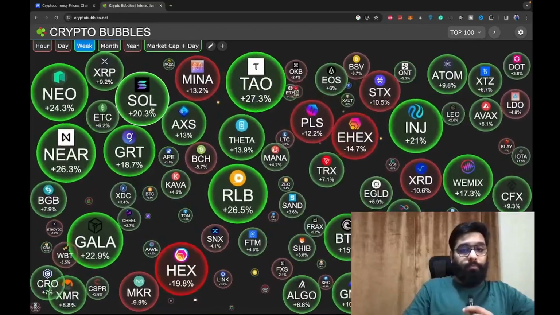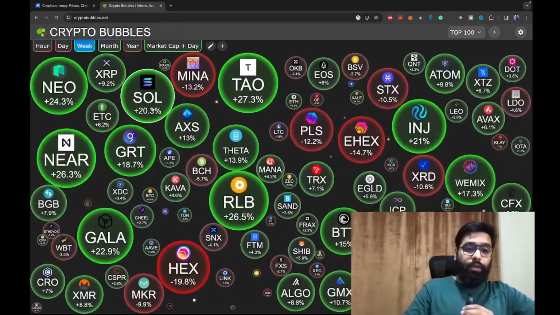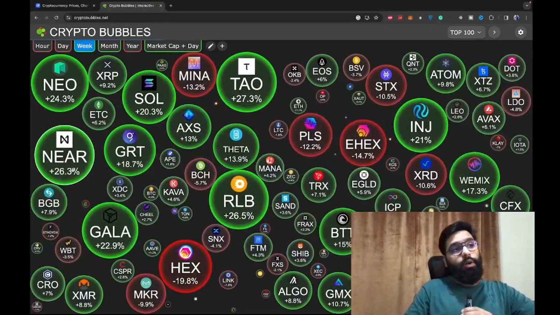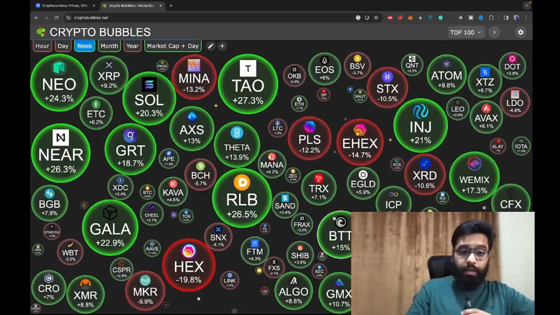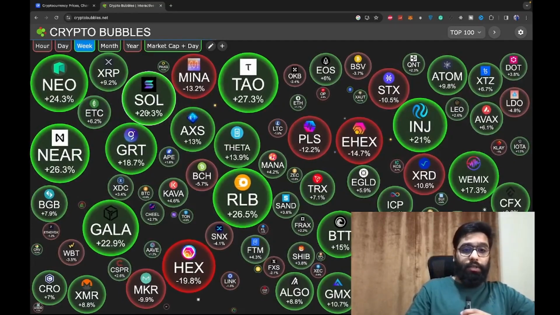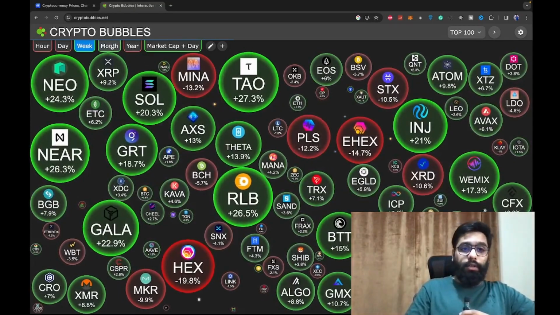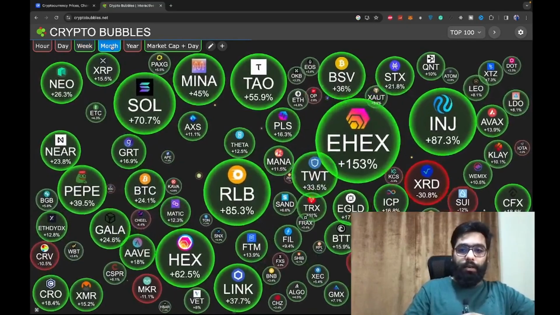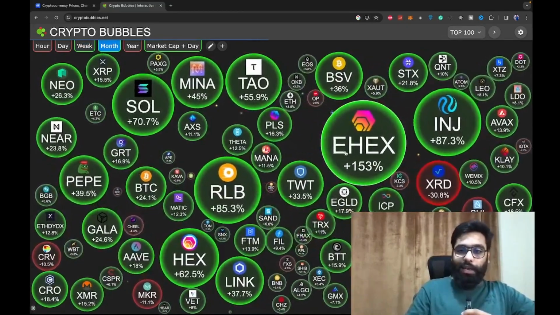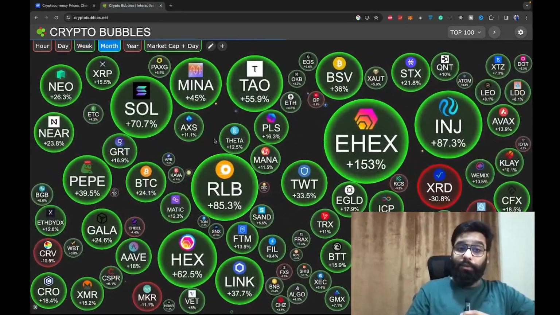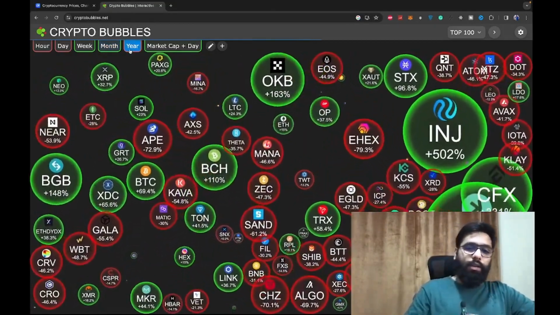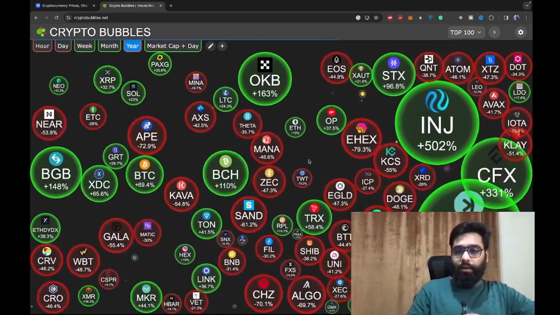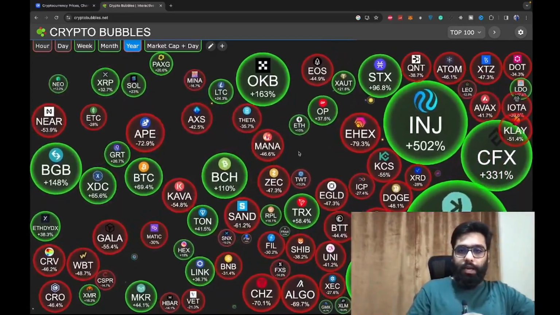On weekly they performed crazy well this week. This was a pretty good week for cryptocurrencies. Rune performed 35%, Near 26%, Sol 20%, and monthly they're huge. EHEX was 153% up this month. Yearly, mostly every coin is in a pretty good state.